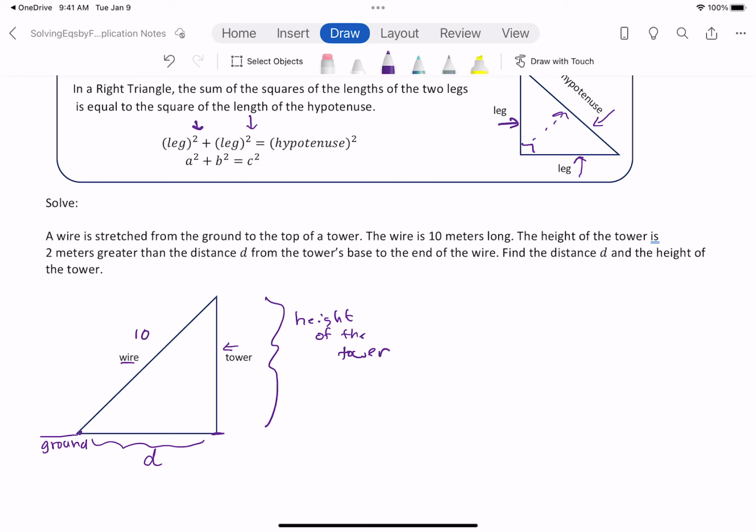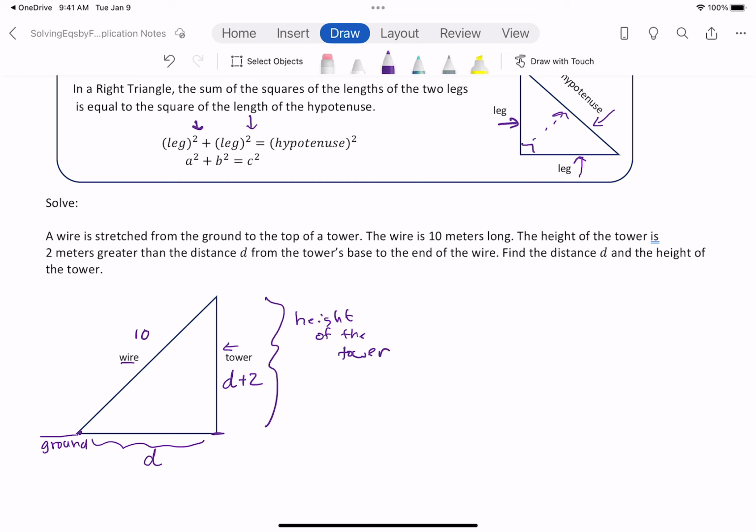So the wire is 10. We know this first leg here is d. It says the height of the tower is 2 meters greater than the distance d. So that means whatever d is, this is 2 greater, right?